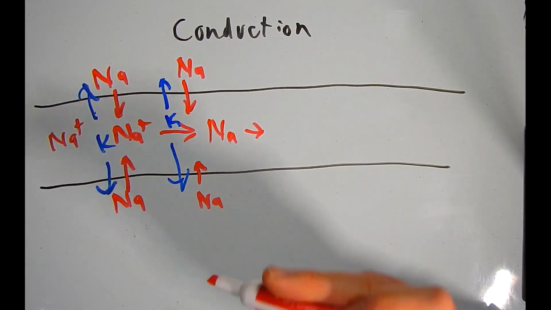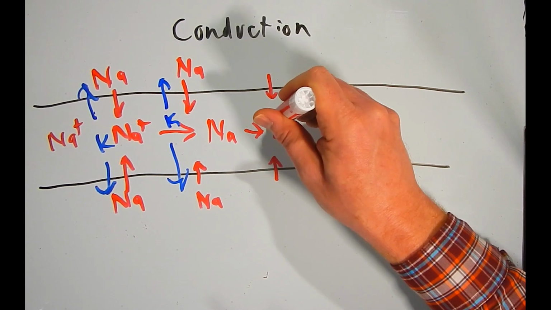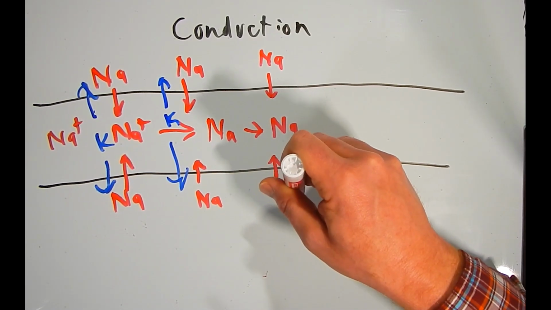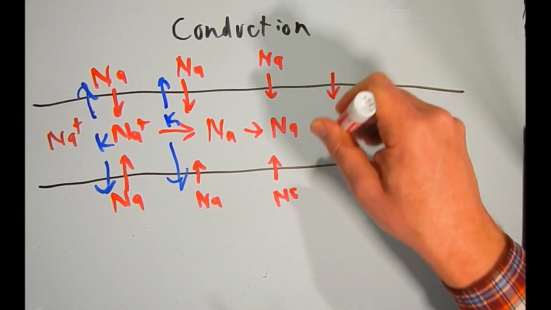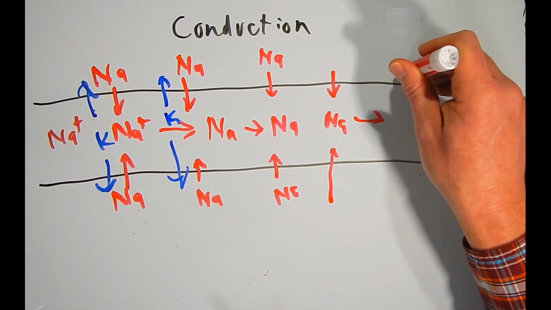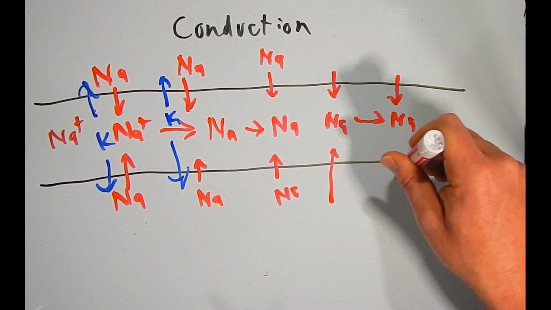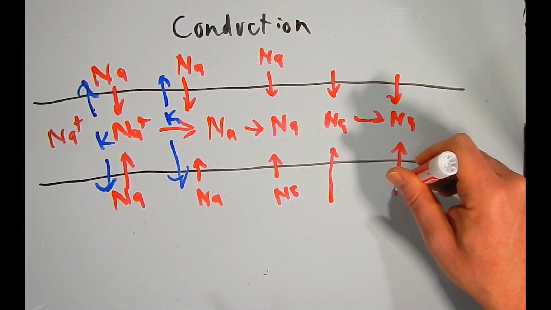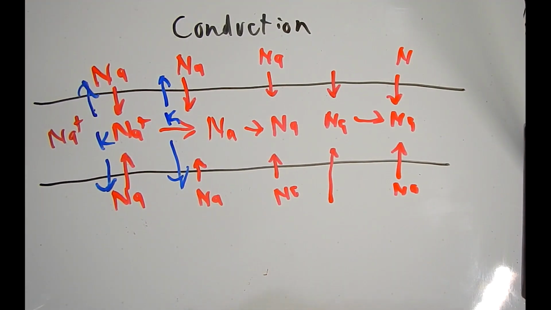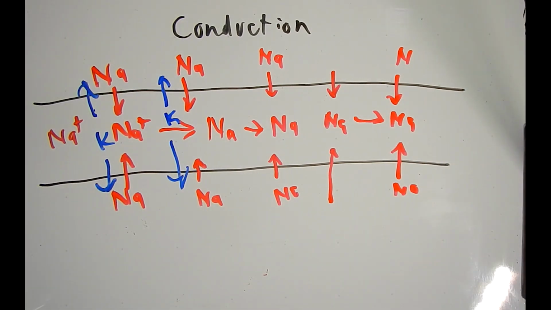As we have that sodium move down, it can then create the next action potential. As a result, as we move down, we have this wave of sodium moving across the membrane, causing a depolarization, causing a wave of the action potential moving across the length of the axon.